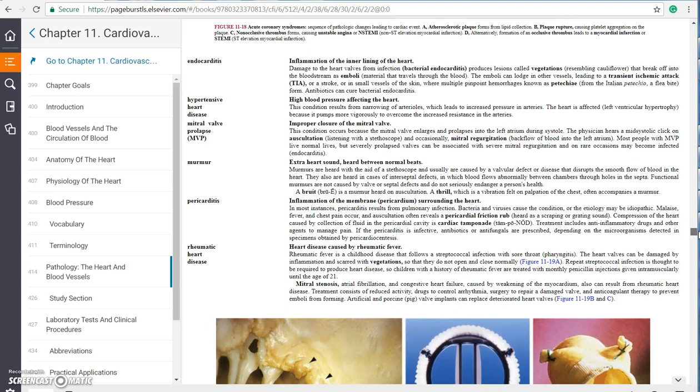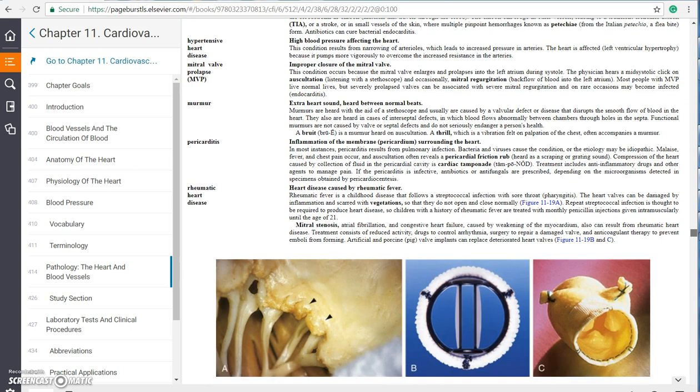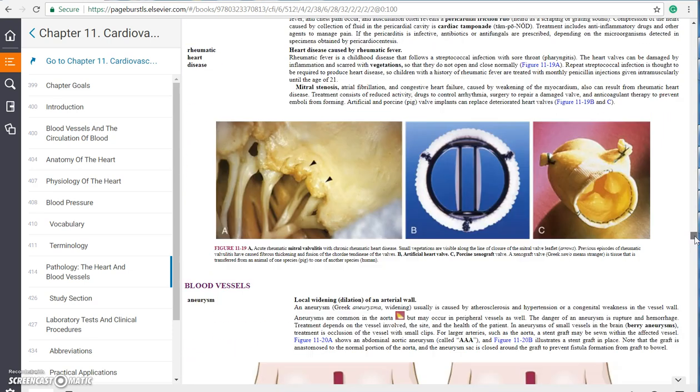A murmur is an extra heartbeat sound or sounds heard between normal beats. Pericarditis is inflammation of the outer layer, or that double-folded layer, of the heart. Rheumatic heart disease is usually caused by rheumatic fever, and it usually causes permanent destruction within the heart, such as mitral stenosis or other types of valvular damage.